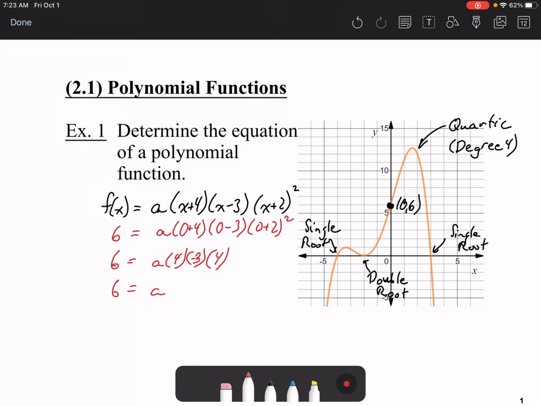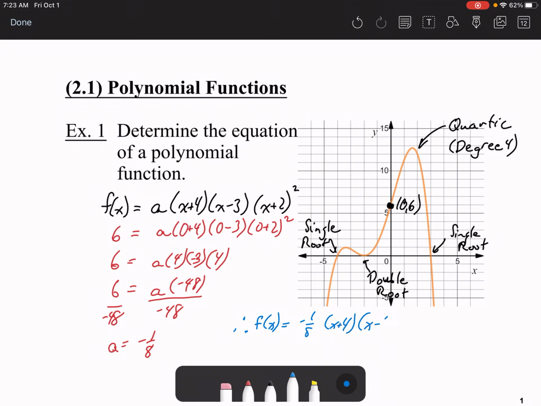That value of a is being multiplied by negative 48. And if we divide both sides by negative 48, I get an a value of negative 1 over 8. So that actually tells us that our function has a specific equation in factored form of negative 1 over 8 times x plus 4 times x minus 3 times x plus 2 squared.